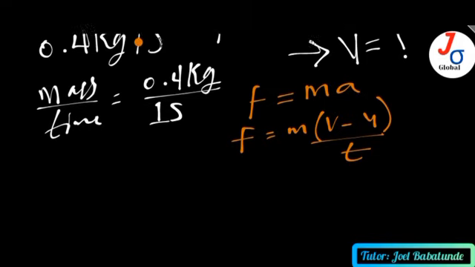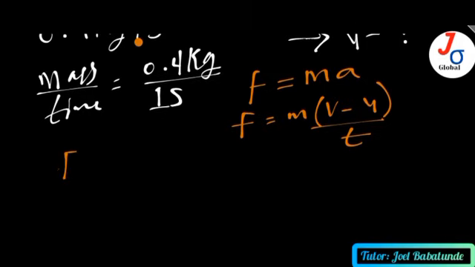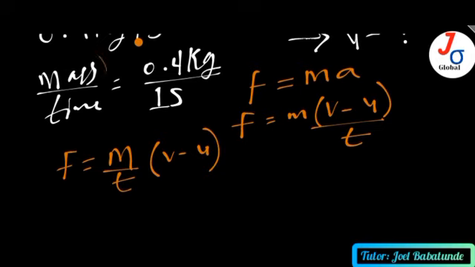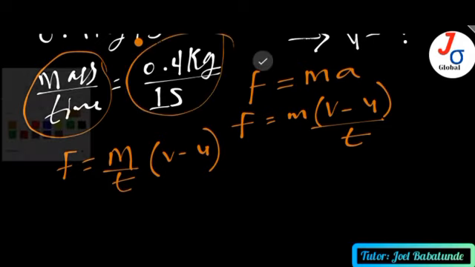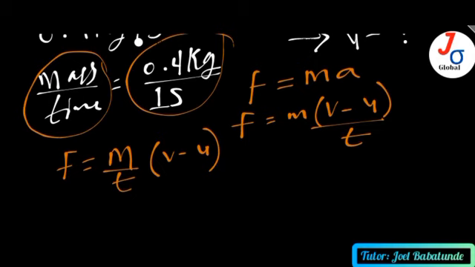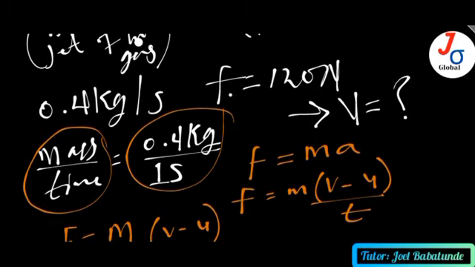So I can actually rewrite this by saying F equals m over t, then v minus u. So remember that we got m over t as 0.4. So then I would write this as F, and our F is 120.